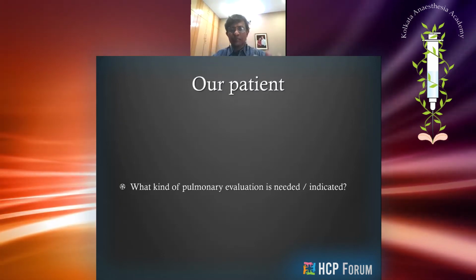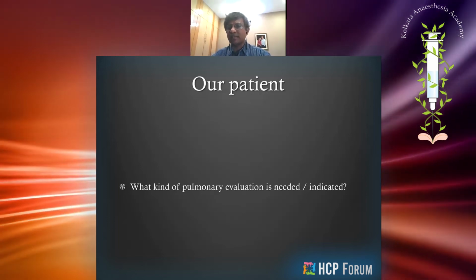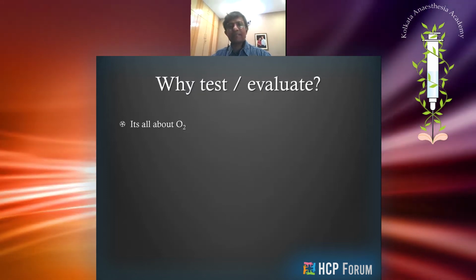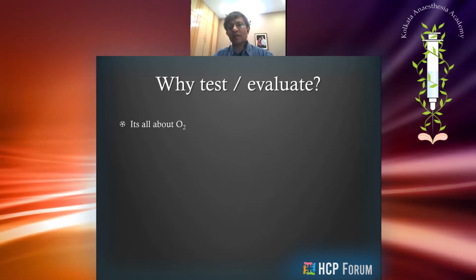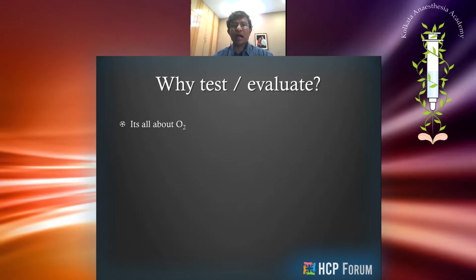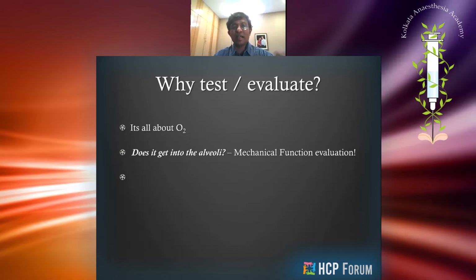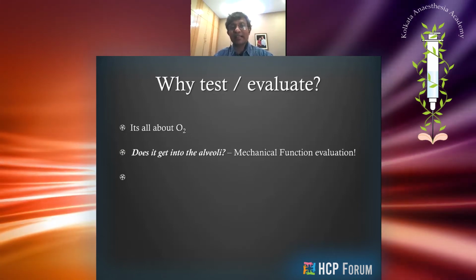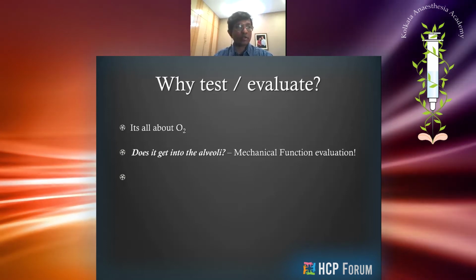So coming to the first question, what kind of pulmonary evaluation is needed or is indicated? If you look at it, the basis of the test or evaluation is all about oxygen. Is there enough that is getting into the alveoli, which is why you are checking the mechanical functions or the lung volumes?